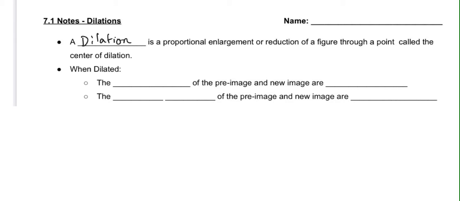A dilation is a proportional enlargement or reduction of a figure through a point called the center of dilation. So this is actually our last transformation we're going to go through, but this isn't a rigid one because the size changes. When dilated, the angles of the pre-image and the new image are congruent.